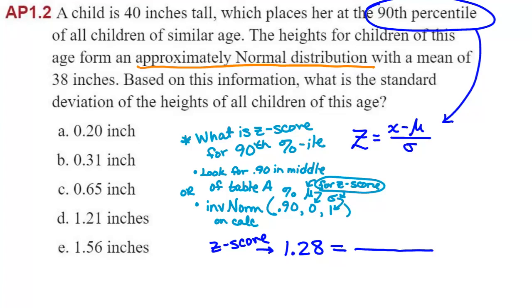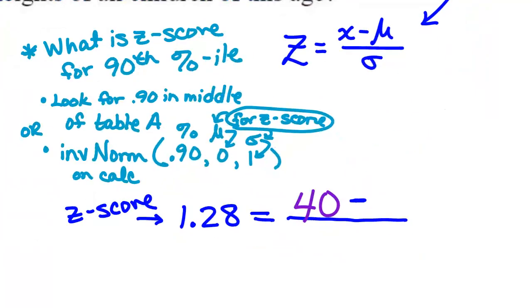So a child is 40 inches tall. That's going to go in for x. So I have 40 minus the mean here. It says the mean is 38 inches. So 40 minus 38 over sigma.